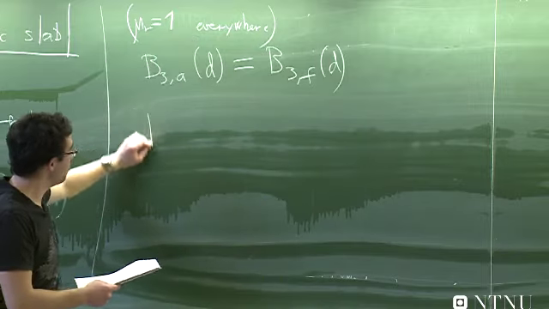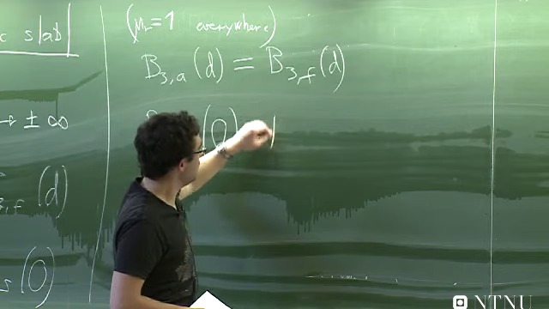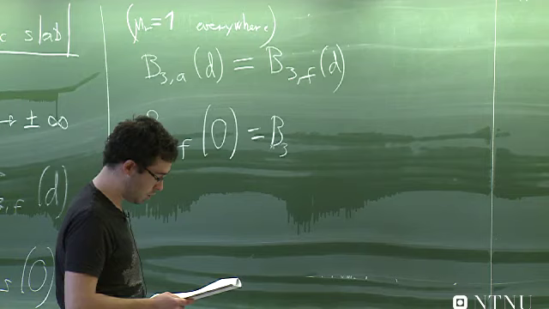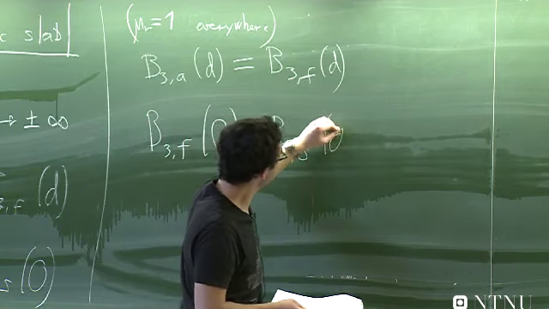And we also have B3 in the film at 0 is equal to B3 in the substrate at 0.